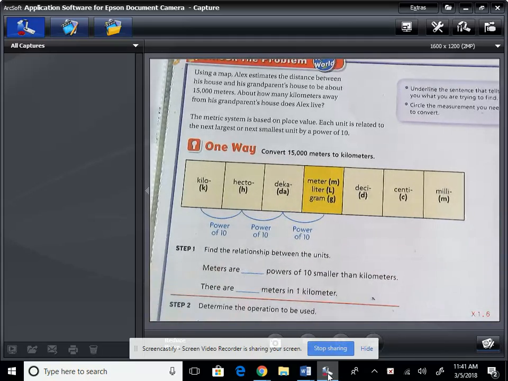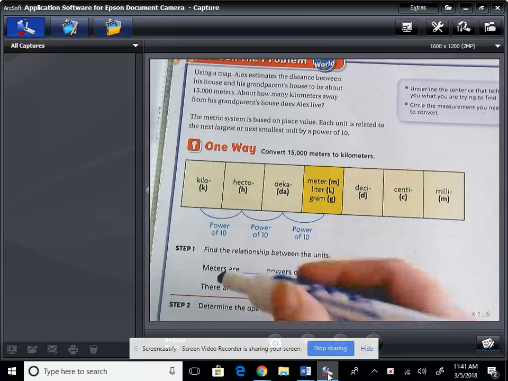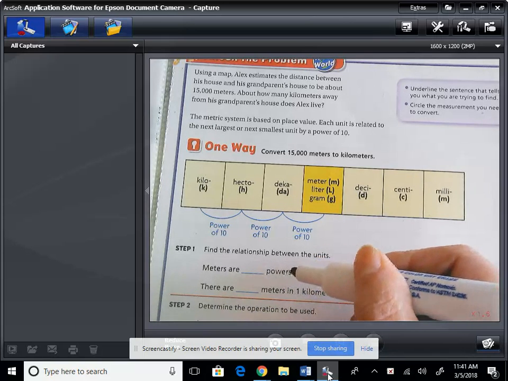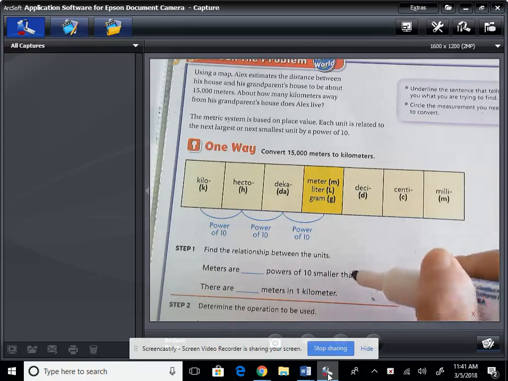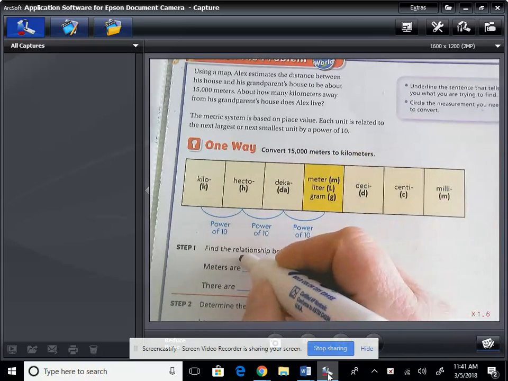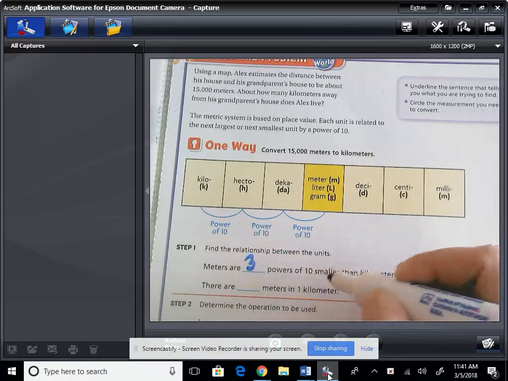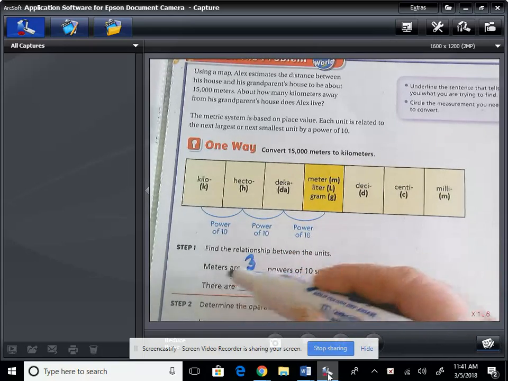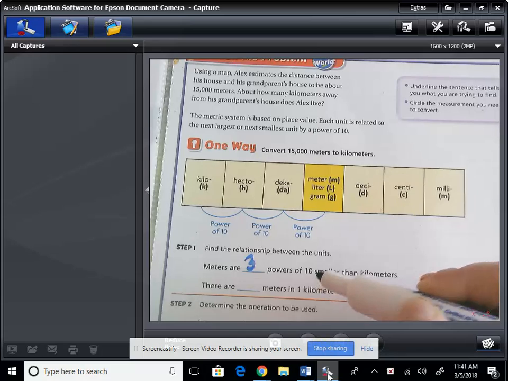So what we have to do is find the relationship between the units. Meters are how many powers of 10 smaller than kilo? Well, they're 3 powers of 10 smaller than a kilometer. There are how many meters in 1 kilometer?